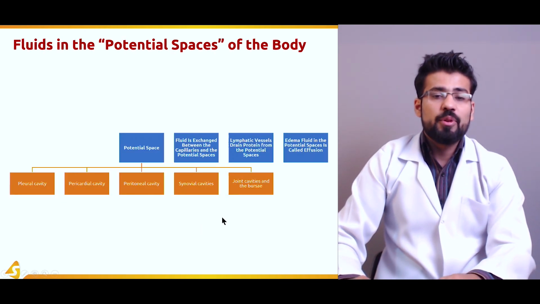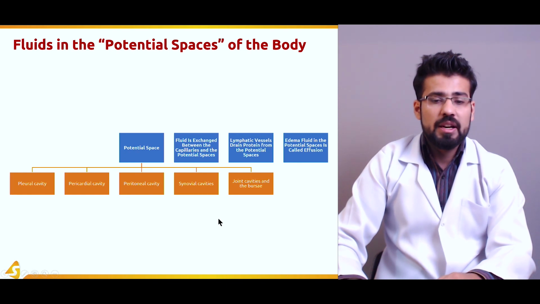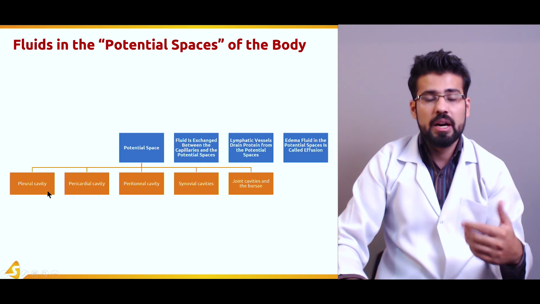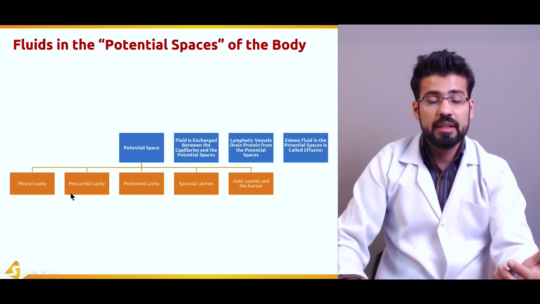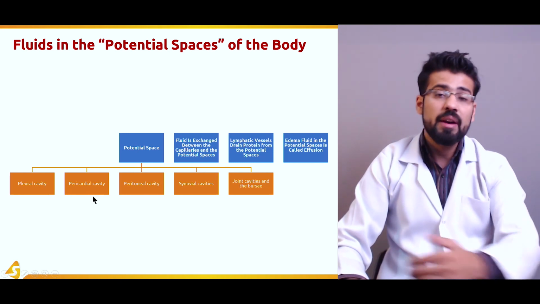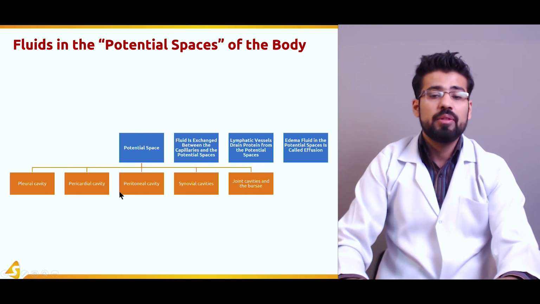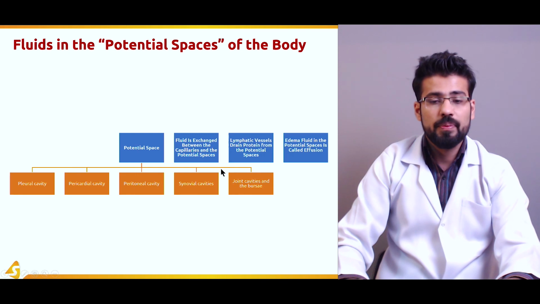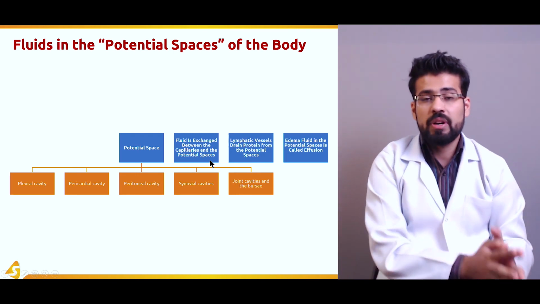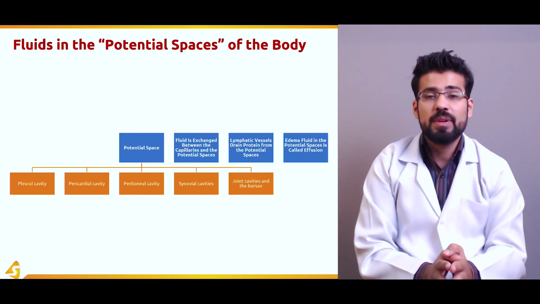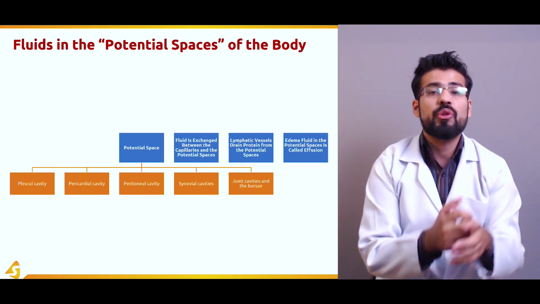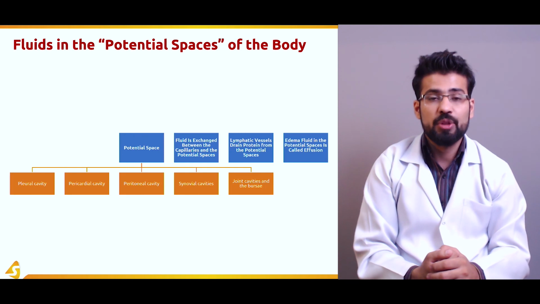What are the different fluids in the potential spaces of the body? Potential spaces include the pleural cavity of the lungs, the pericardial cavity of the heart, the peritoneal cavity of the abdomen, the synovial cavity of the joints, and the bursae. Fluid is regularly exchanged between these compartments, and the lymphatic vessels drain protein from the potential spaces.